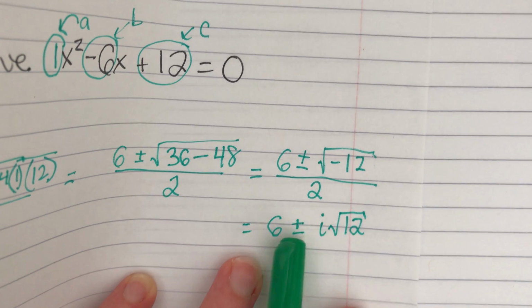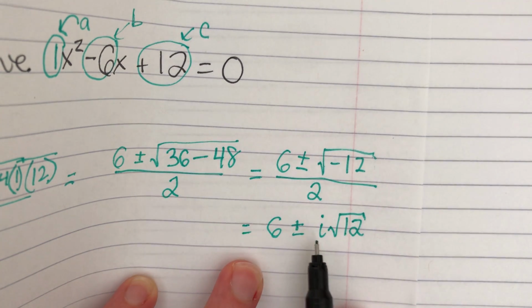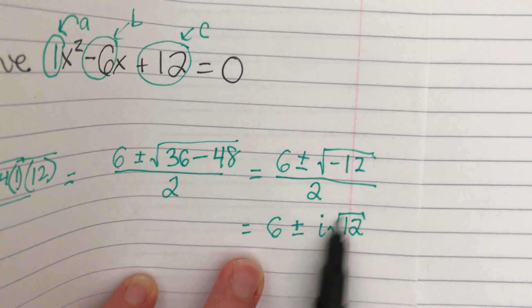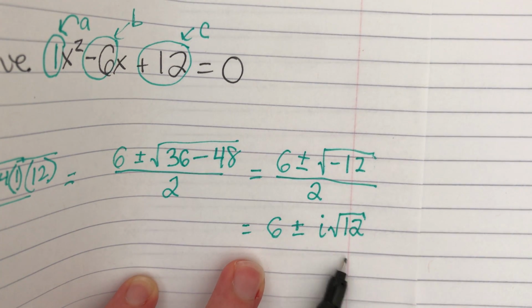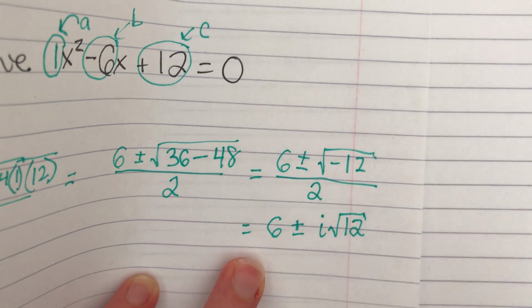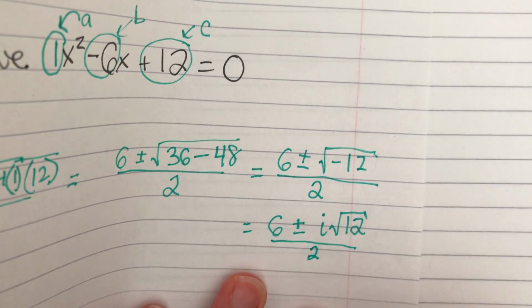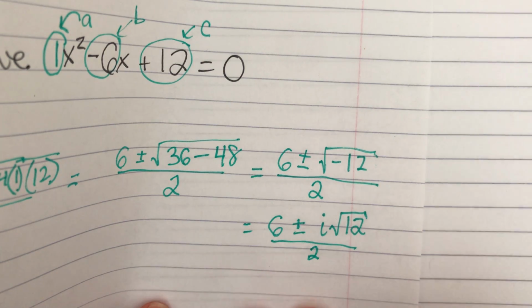Again, we have to put this i in here to indicate that this square root of 12 would actually be multiplied by the square root of -1. That all still gets divided by 2.